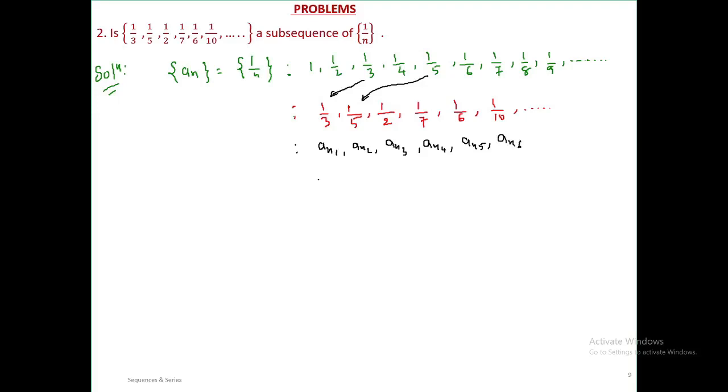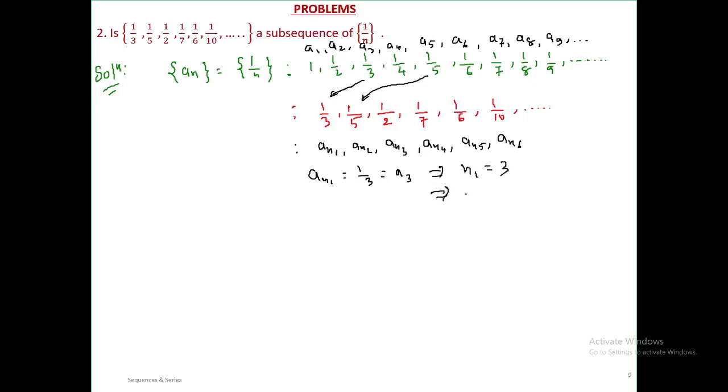Now look at here. an1 is nothing but 1/3, right? Here 1/3, which term here? So now this is a1, this is a2, and so on. Now an1 is nothing but 1/3, but 1/3 is nothing but a3 here, right? This is a3. So therefore, clearly, what is n1? n1 is 3.